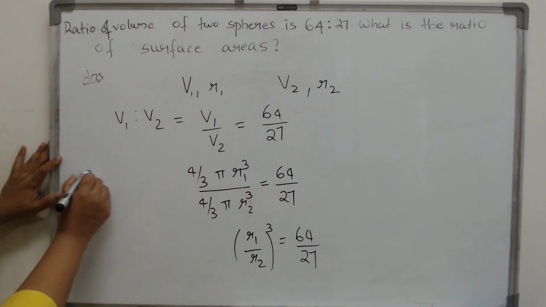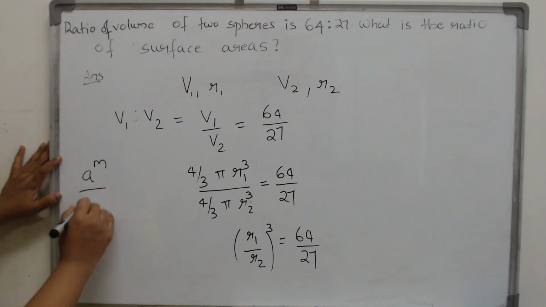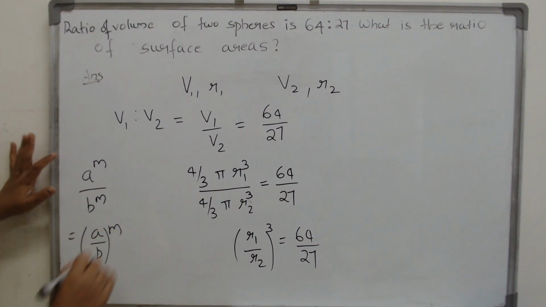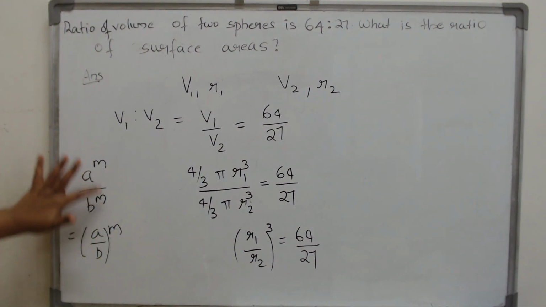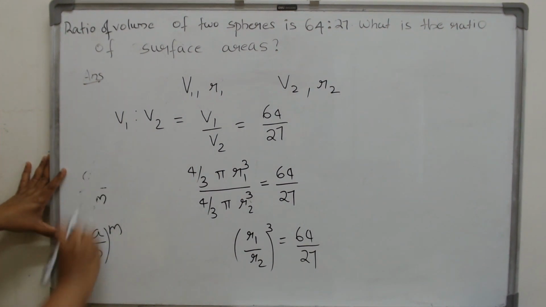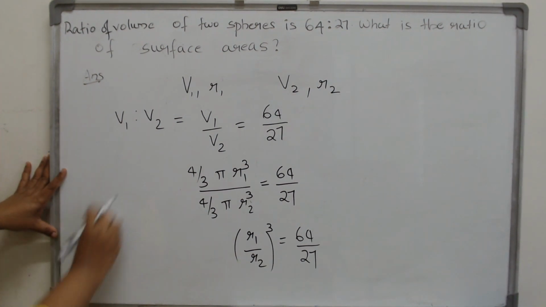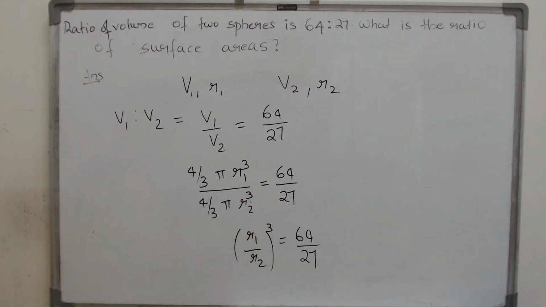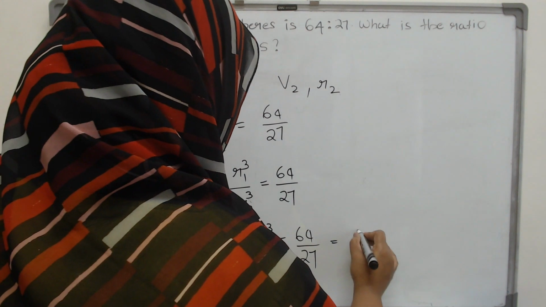And the law of exponents, what does it say? When A raised to M is equal to B raised to M, then you can write it together as A by B raised to M. This will happen only if your exponents are same, not for different exponents. Now both of them have the exponent 3, so this is how it looks like. But then what is 64 by 27? 64 is 4 cube.